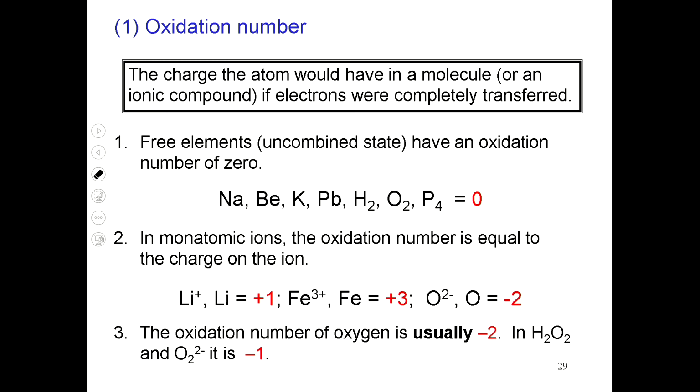And most metals have positive charges. Oxygen is usually -2, but sometimes it can be -1, for example in O2 2-, where each oxygen is -1. So all these charges are oxidation numbers.